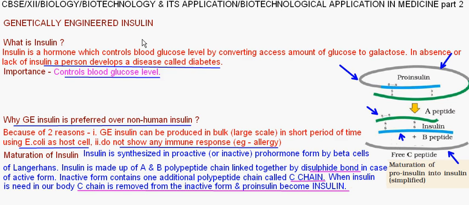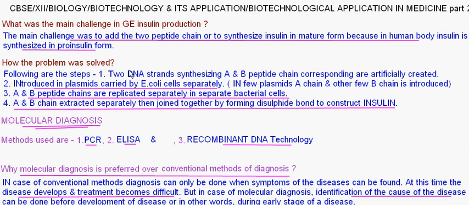What was the main challenge in GE insulin production? How was the problem solved? Then coming to the molecular diagnosis: three methods, PCR, ELISA, recombinant DNA technology, and why molecular diagnosis is better or more useful than conventional methods of diagnosis. Then how PCR, ELISA and recombinant DNA technology are used, that also was discussed.